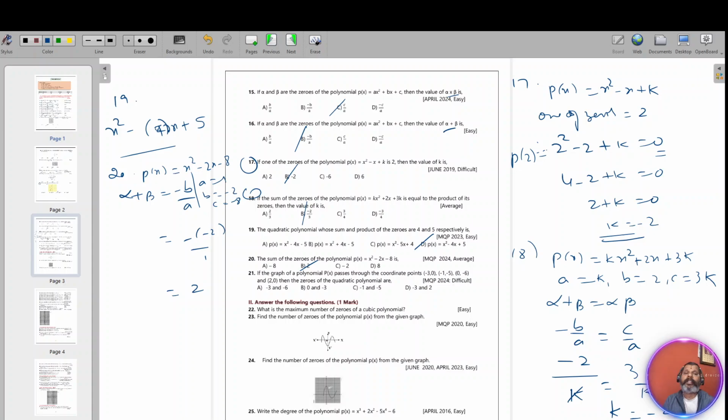21st is important. Please mark it as 21st as important, and it is same as 14th. I think we saw in the last graph question. The graph passes through these points. 4 points they have given. What are the zeros they asked? When the graph passes through some given points, it may contain points on the x-axis and points on the y-axis also.